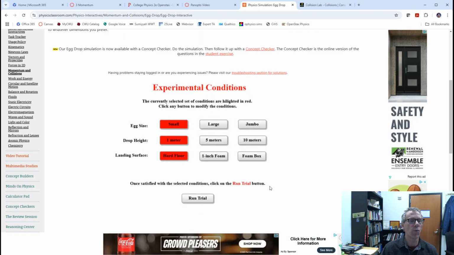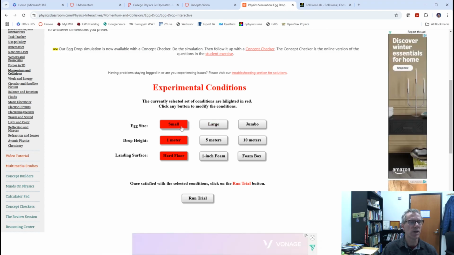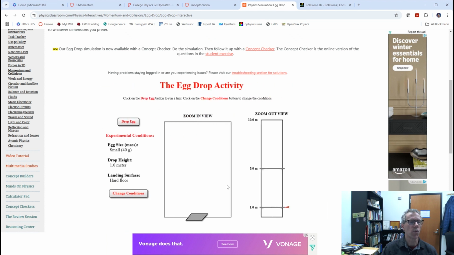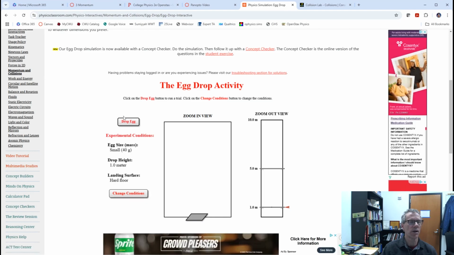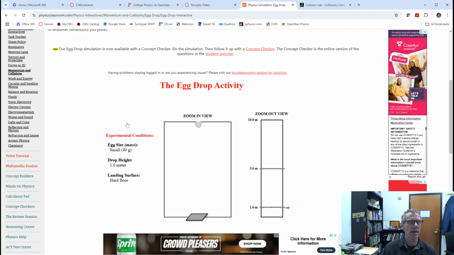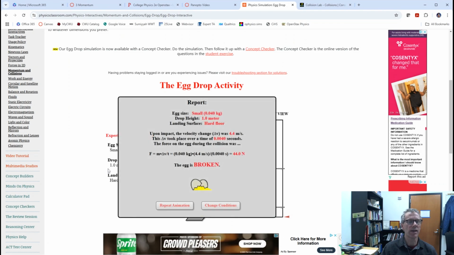We can run a bunch of different trials, and here's an egg, small, medium, large. We can go with the default here: small egg, dropped 1 meter onto a hard floor. So we're going to run the trial, and our small egg, 40 grams, 1 meter, hard floor. Drop the egg. Now you know why I didn't pick something larger, and definitely the egg breaks.